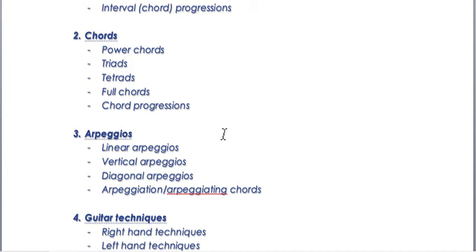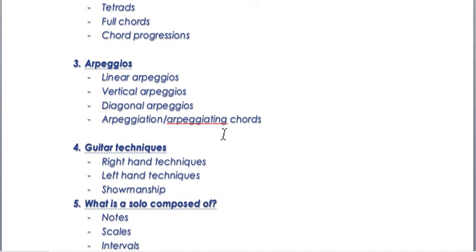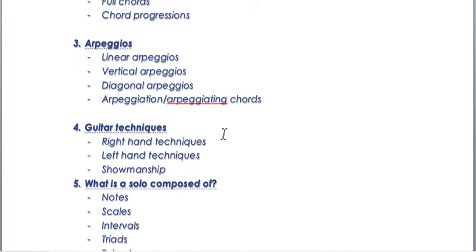If you have 4-note chords, you can form some beautiful scales on the fretboard by using the arpeggio notes, especially when you're playing them in a vertical fashion. We're going to look at that, and also when you're playing them in a diagonal fashion, which we're calling here diagonal arpeggios. And we're going to look at arpeggiation of chords, which is a little bit different from the way you would normally play arpeggios. It's a form of soloing, a form of creating rhythm as well.